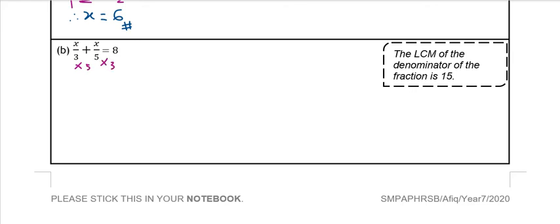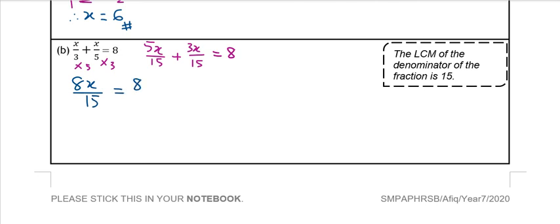So you will have 5x over 15 plus 3x over 5 times 3, which is 15, equals 8. Here I will simplify this straight away. 5x plus 3x is 8x, everything over 15, is equal to 8.